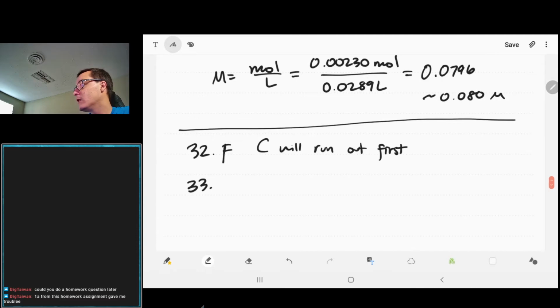Theoretical yield is going to be 132, so let's see. 132 grams of, or no, I'm sorry. We have our 3 moles of carbon.